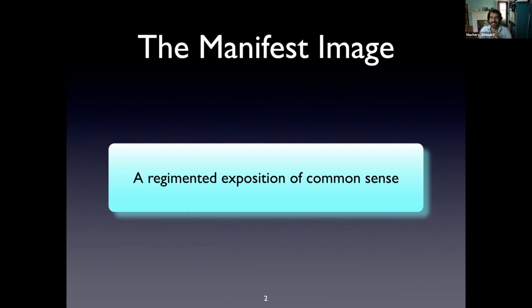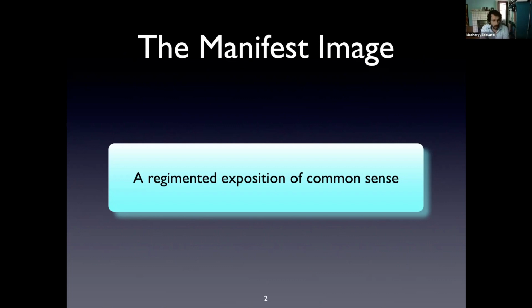I think one of the best examples in recent decades of how the manifest image can be influenced by science is the influence of psychoanalysis on folk psychology, right? For decades, it used to be extremely common to explain people's behavior in terms of their id and their superego, suggesting that scientific psychology had influenced people's folk psychology.